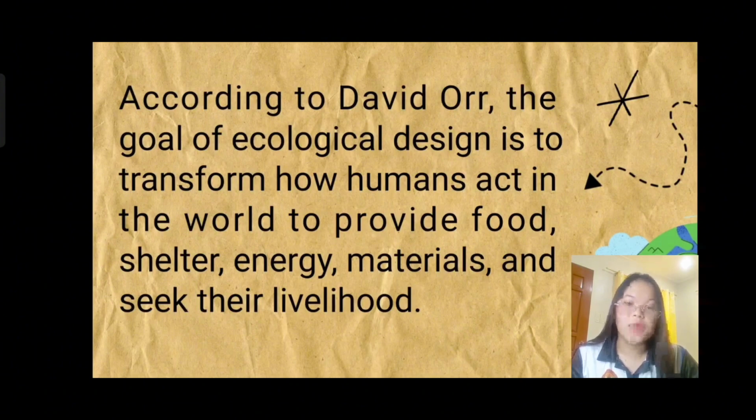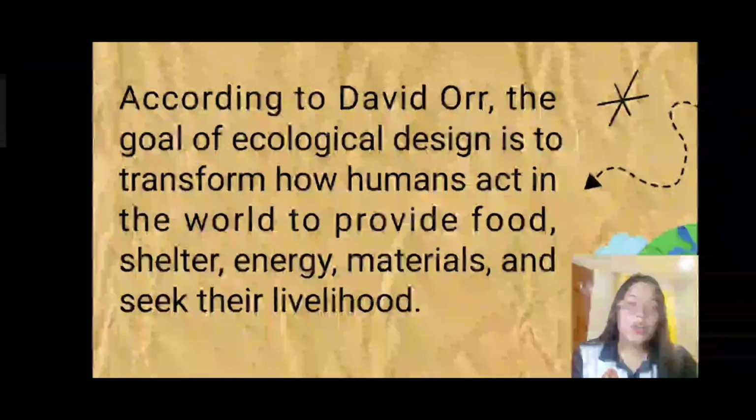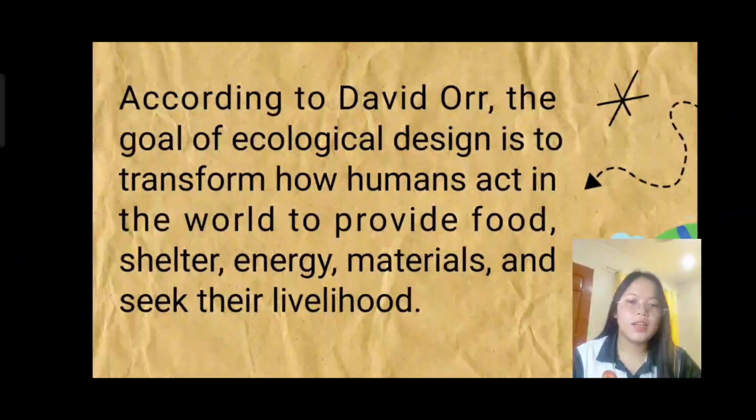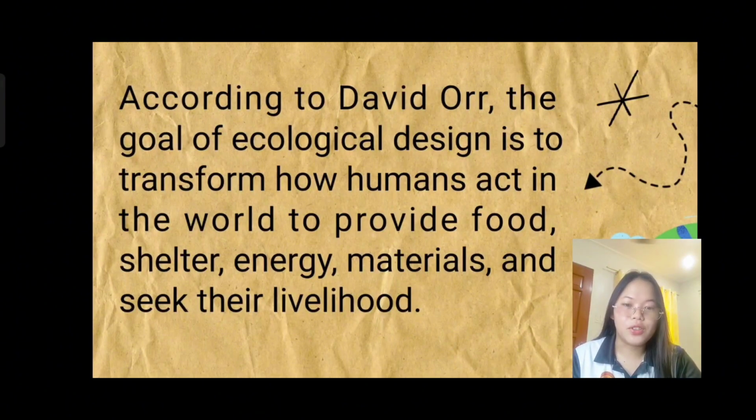And this involves rethinking how we produce and obtain essential things like food, shelter, energy, and materials, as well as how we pursue our livelihoods. So this design inspired by nature is about transforming our actions to be more in tune with nature, considering the limits of the earth and its systems.